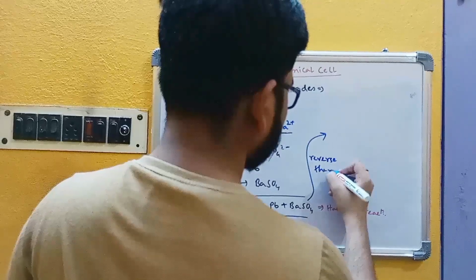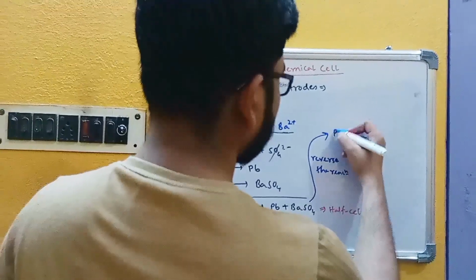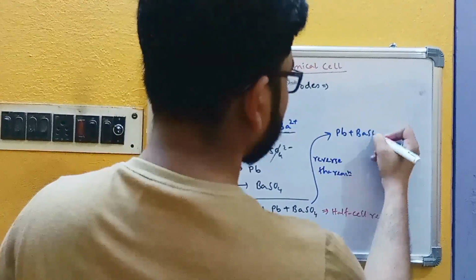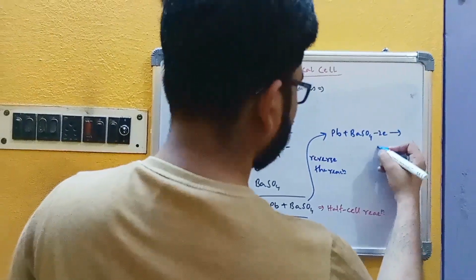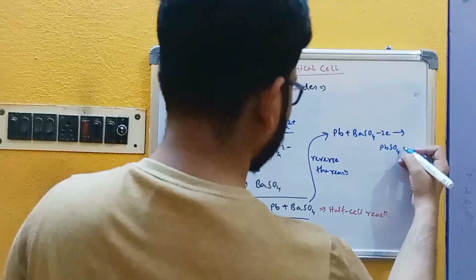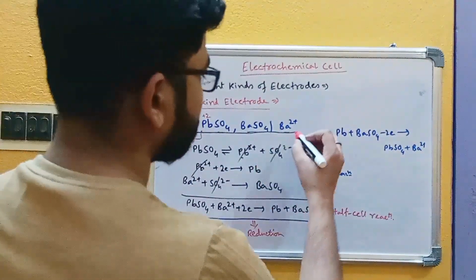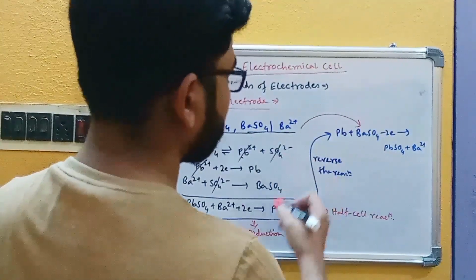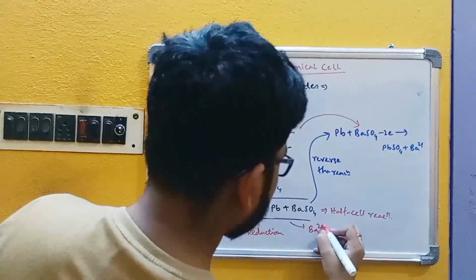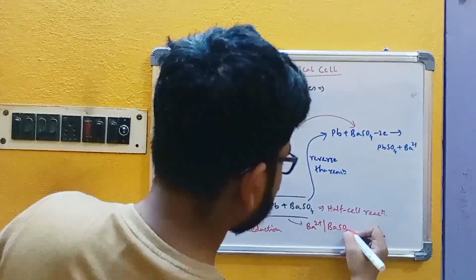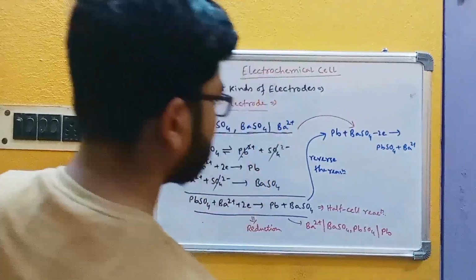Reverse the reaction and we can get Pb plus BaSO4 minus 2 electrons and we get PbSO4 plus Ba2 plus. So this corresponds actually to this equation, and this corresponds to Pb, PbSO4, BaSO4, Ba2 plus.